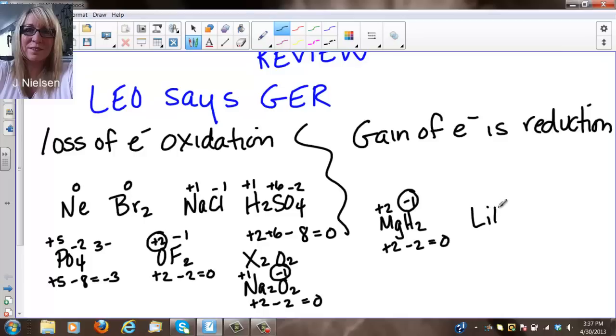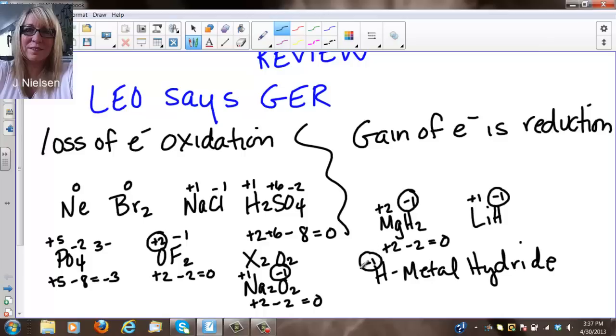In LiH, Li is +1 and hydrogen is -1. So when hydrogen forms a metal hydride, which is a group 1 or group 2 metal with hydrogen, that is when it has a -1 charge. Other than that, it has a +1 charge. So I think that goes through the exceptions.